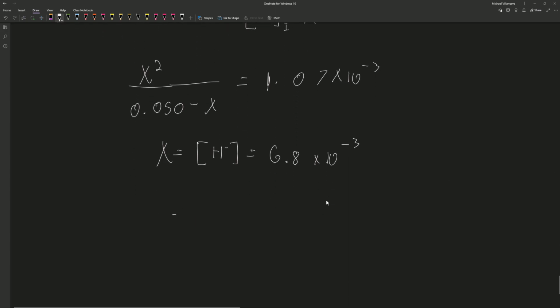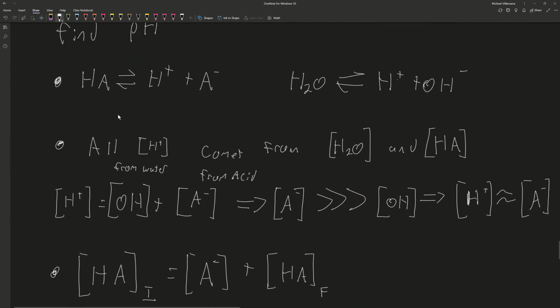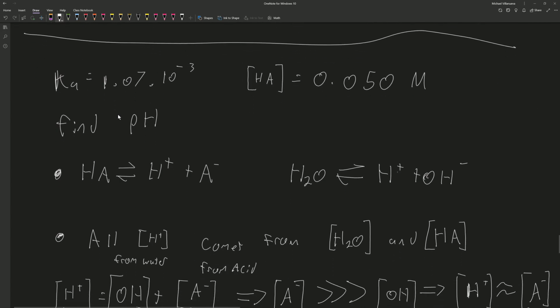And if we take the negative log of 6.8 times 10 to the negative third, we get pH equal to 2.17. So this would be the pH of this solution right here. And we would essentially use this approach to solve for the pH given a weak acid or a base.